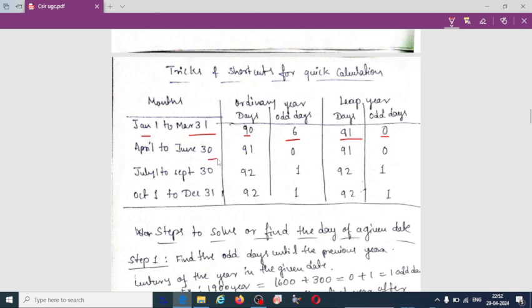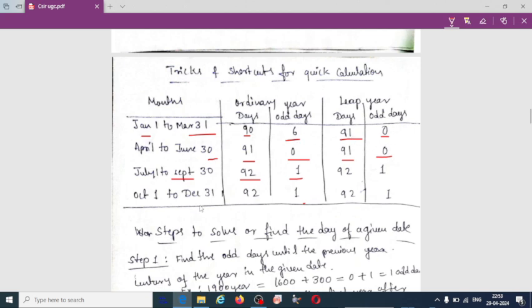April to June, 91 days, so odd days 0, and for a leap year also 0 odd days. July to September, same, 92 days for a leap year and an ordinary year, 1 odd day. October to December, same, 92 days for ordinary as well as leap year, and 1 odd day. Only January to March is different: for an ordinary year 90 days and 6 odd days, but for a leap year 91 days, 0 odd days.